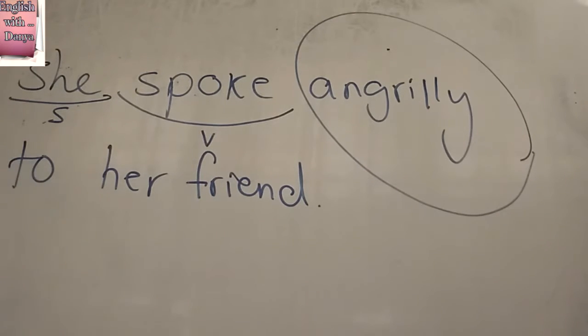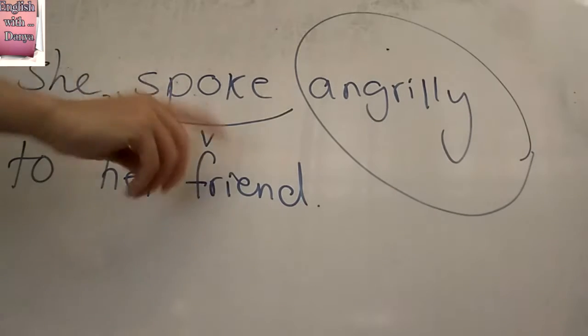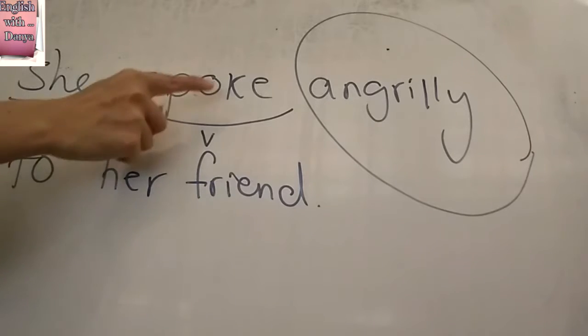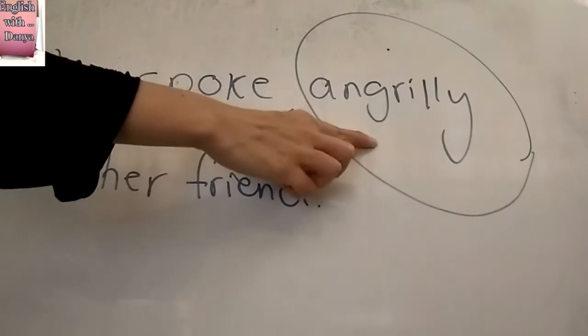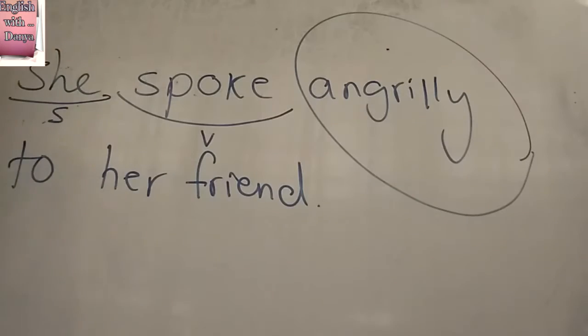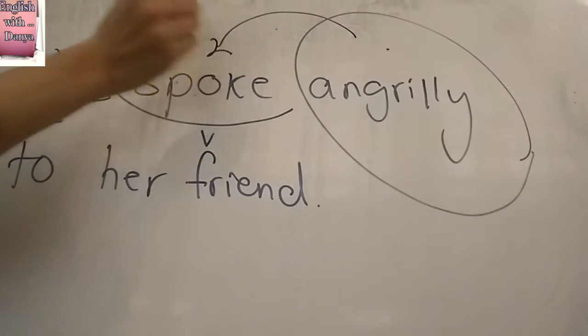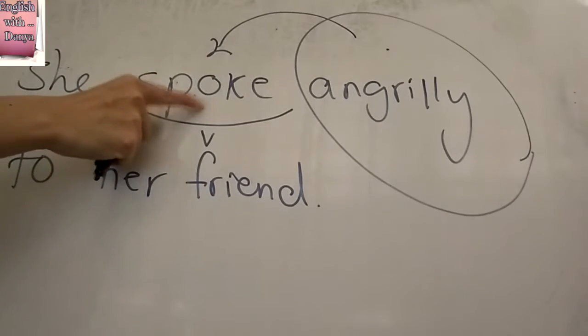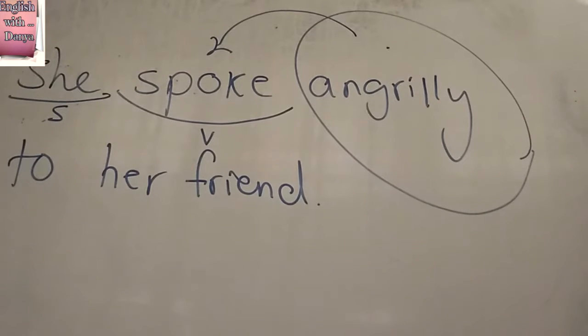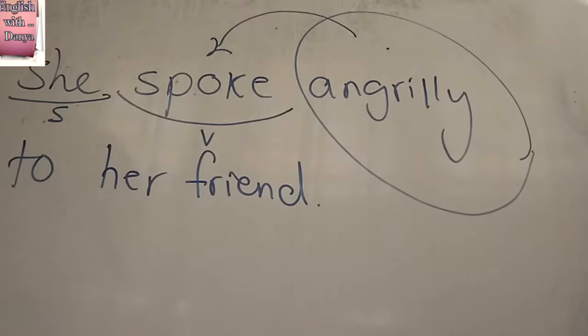It tells more information or more details about the noun. But an adverb describes the verb. So here we have spoke and then angrily. So angrily here describes the way she spoke. All right, so this is what you need to remember.